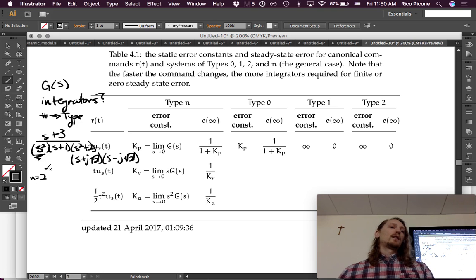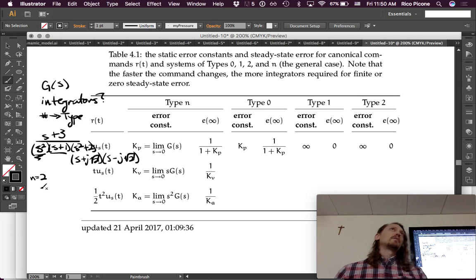So if there are imaginary roots, it's not an integrator. Or if it's real, like minus 1 is a root, which is real, but that's also not an integrator.